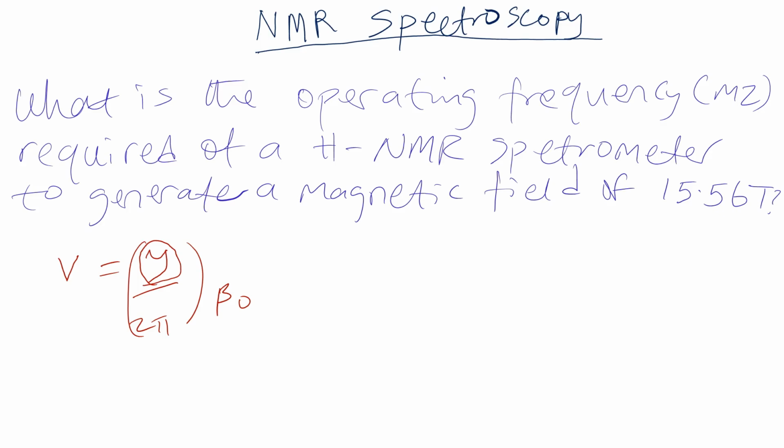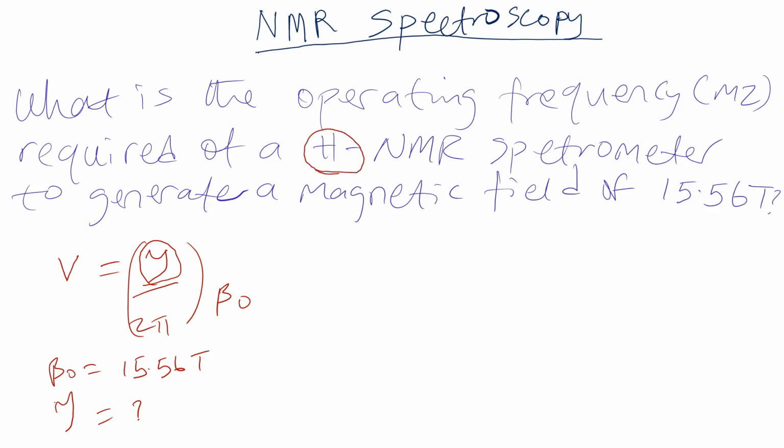We have that our B naught is equal to 15.56 Tesla. What is the value of our gyromagnetic ratio? And the answer lies in the question. As you can see, it says, what is the operating frequency required of an HNMR?